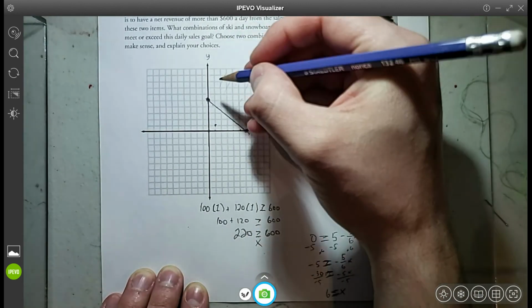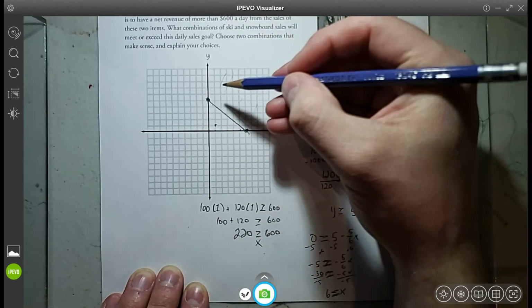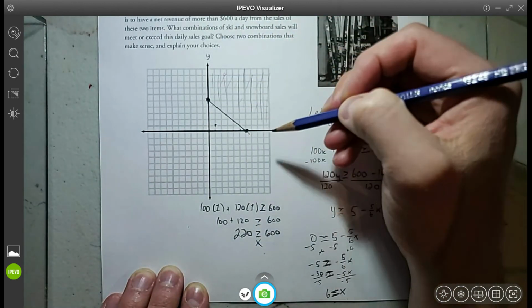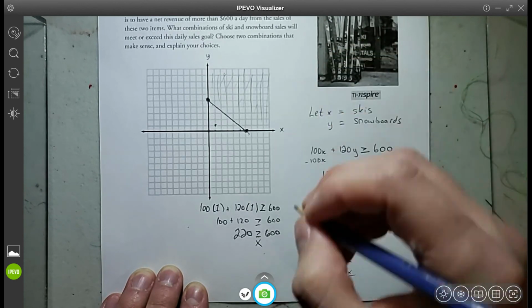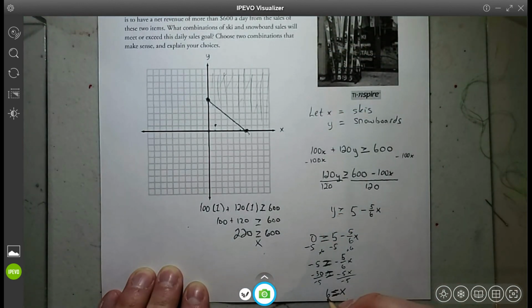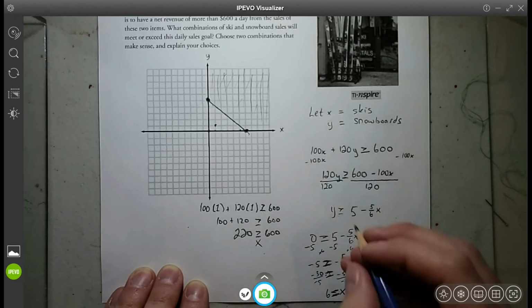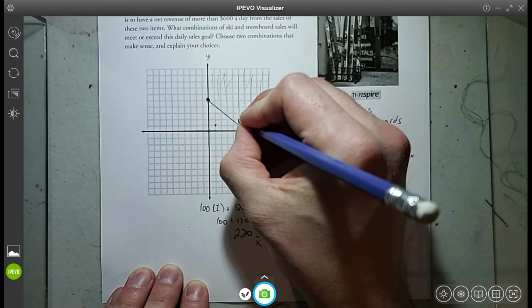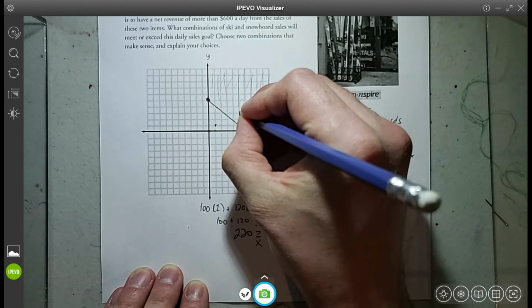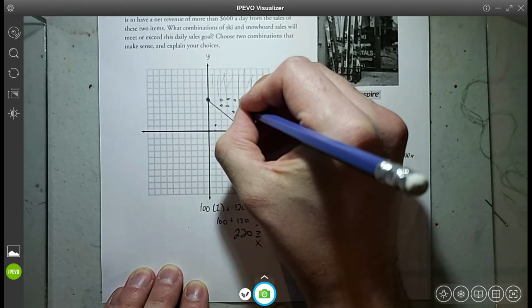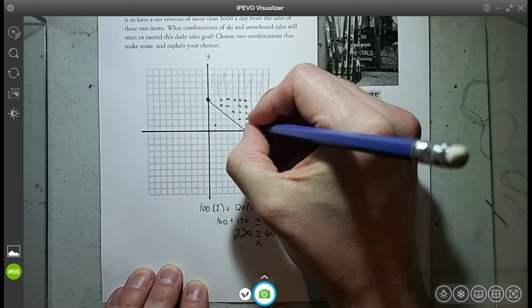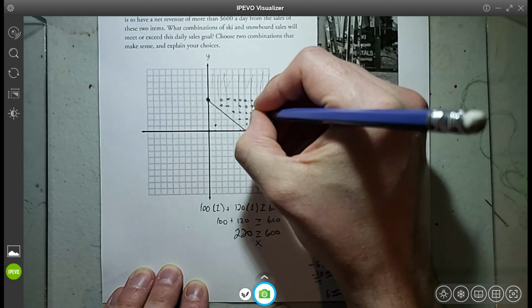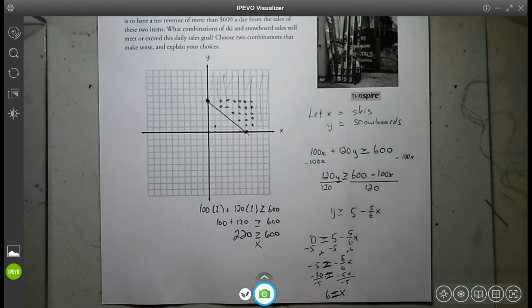So in fact, we do shade all of this stuff above the line. And because it's a real life example and we can't sell 1/10 of a set of skis or 0.5 snowboards, we would have to stipple our solution space like that. And that's enough stippling for now.